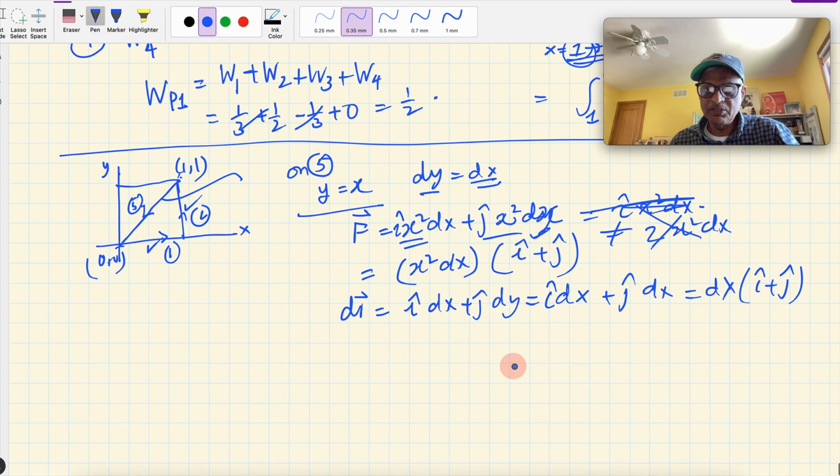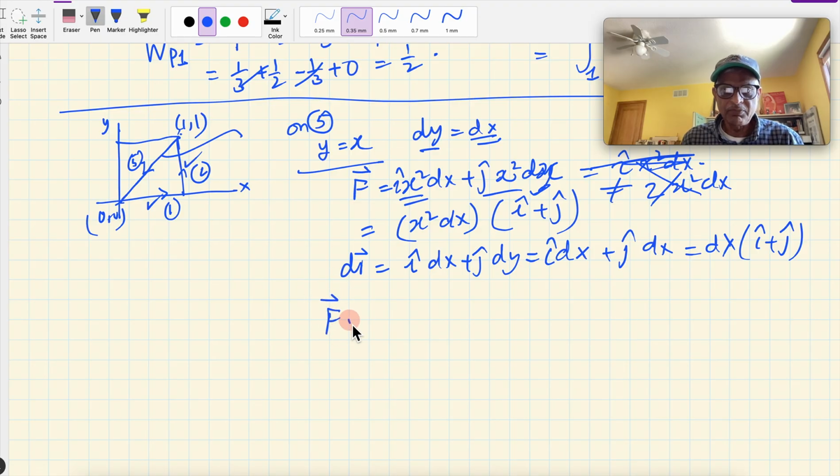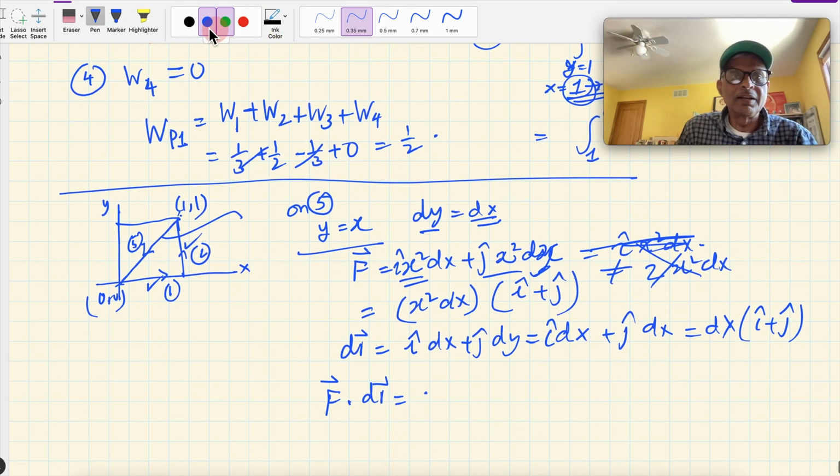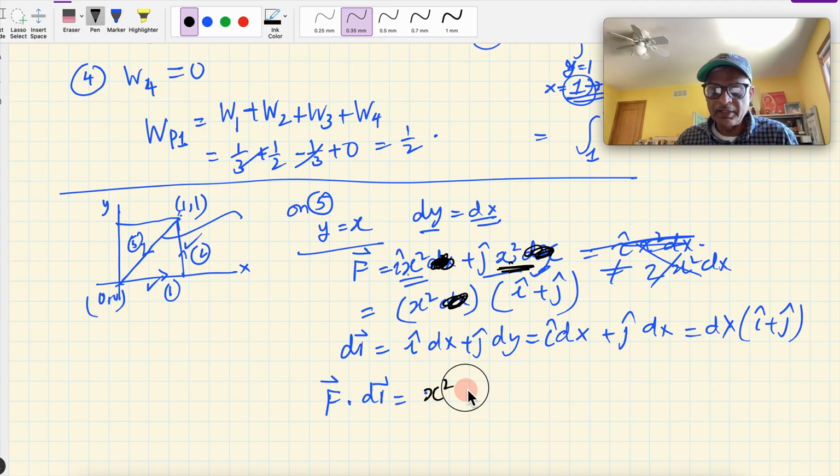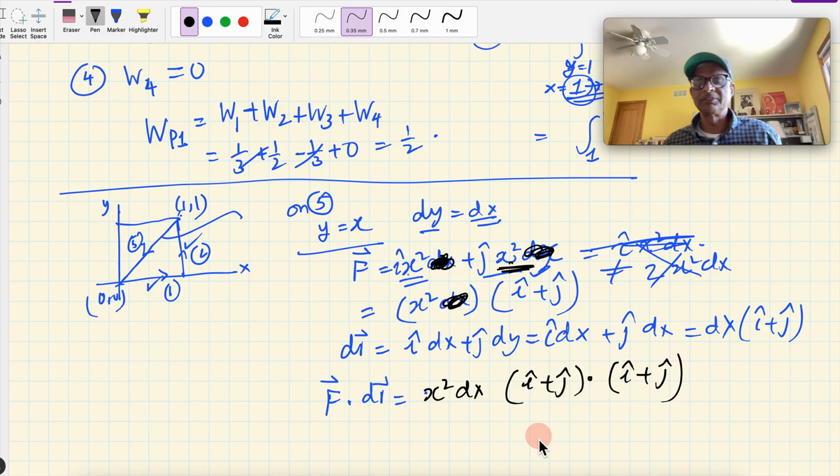I'll take a dot product of these two. F dot dr, what will I get? I kind of messed up here. Okay, so f is just x squared and xy became x squared. So this is going to be x squared dx i hat plus j hat dot i hat plus j hat.